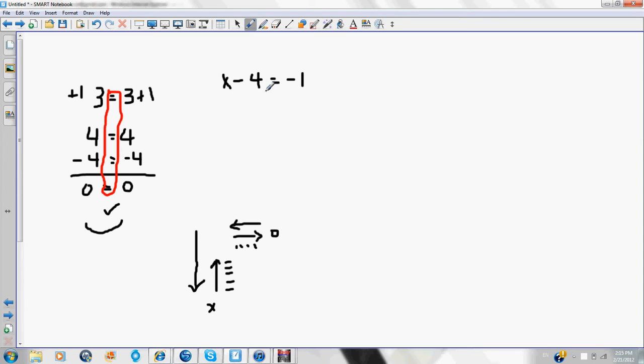When you're working algebraic equations, you're working backwards to get to an answer, okay? So that means that if you're subtracting 4, just like right is the opposite of left, the opposite of subtraction is addition. So to get rid of this minus 4, what we're going to have to do is add 4.